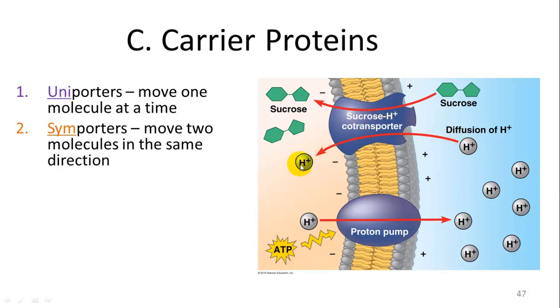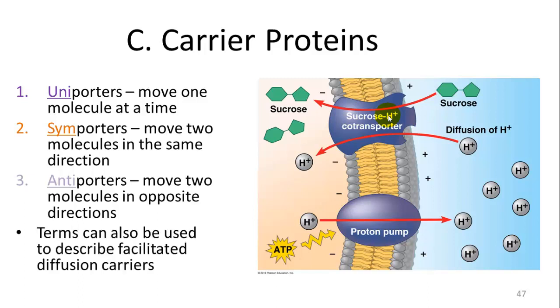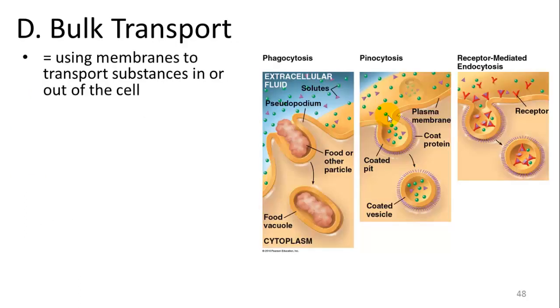As it passes through, it also grabs a molecule of sucrose, and they can go to the other side of the lipid membrane. Antiporters aren't pictured here, but are similar to symporters, except they move in opposite directions. So if the sucrose was moving from left to right while the protons are moving from right to left, that would be an antiporter. These can also be used to describe facilitated diffusion carriers.